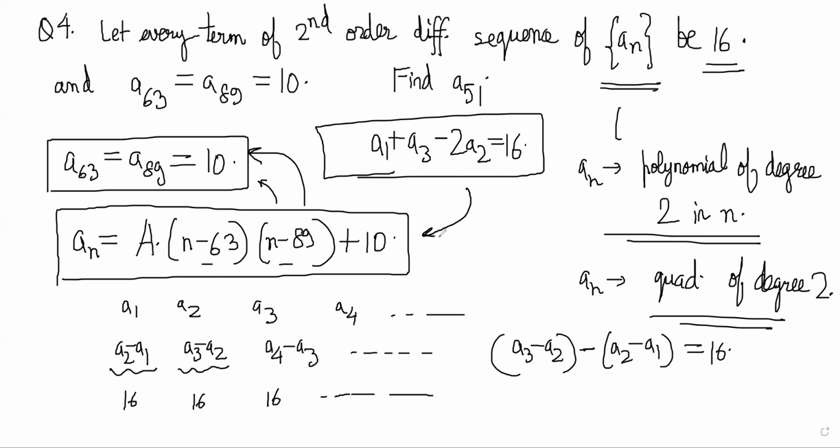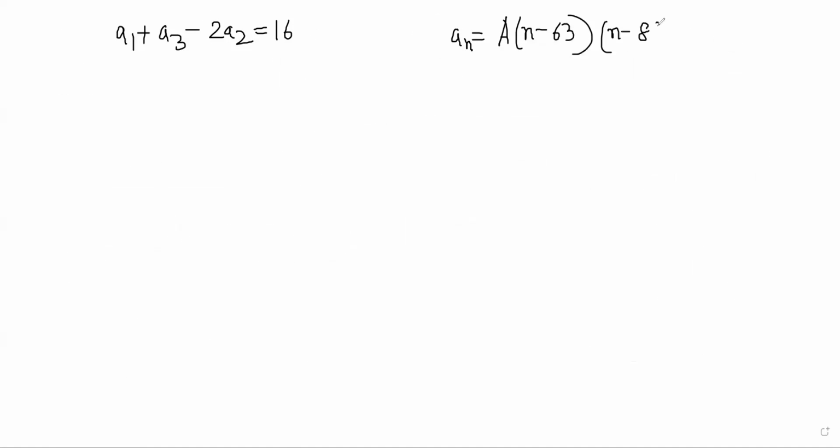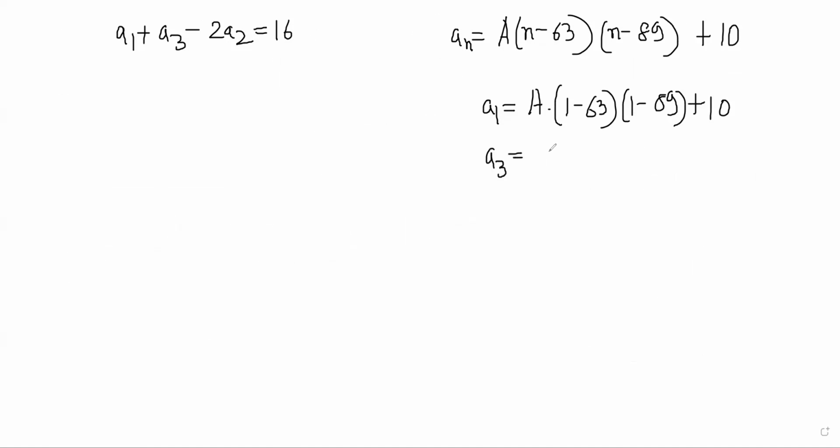And if I put this data in this relation for an, I will get the value of capital A. How? We can say that a1 plus a3 minus 2a2 is equal to 16, and an was A times n minus 63, n minus 89 plus 10. So what is a1? a1 is A into 1 minus 63, 1 minus 89 plus 10. a3 is A into 3 minus 63, 3 minus 89 plus 10.